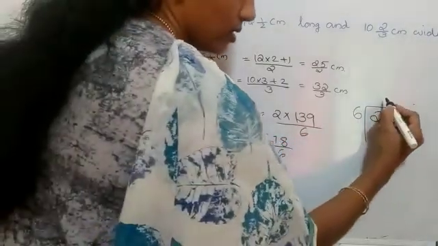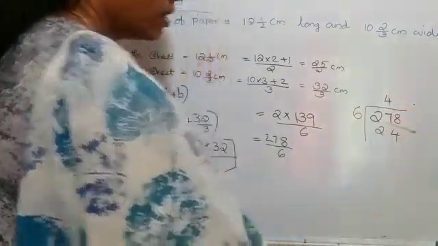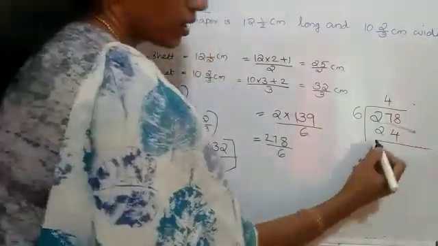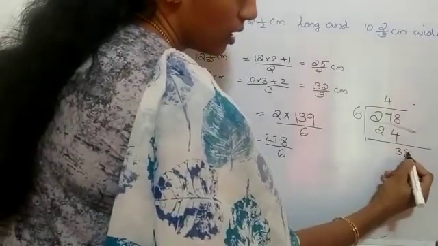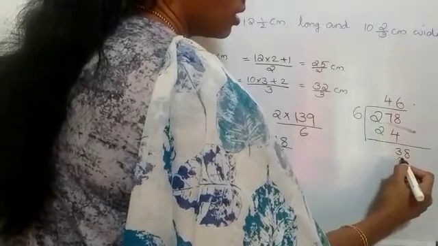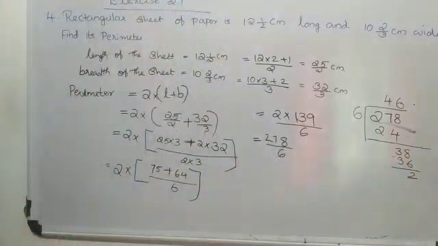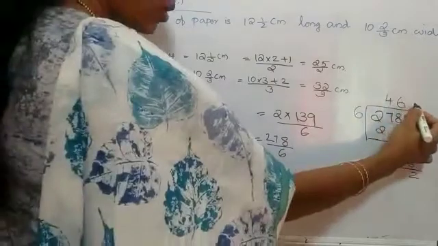Now listen, 6 4s are 24, 27 minus 24 is 3, 38 minus 36 is 2. See, we got 46. So this is our quotient part.